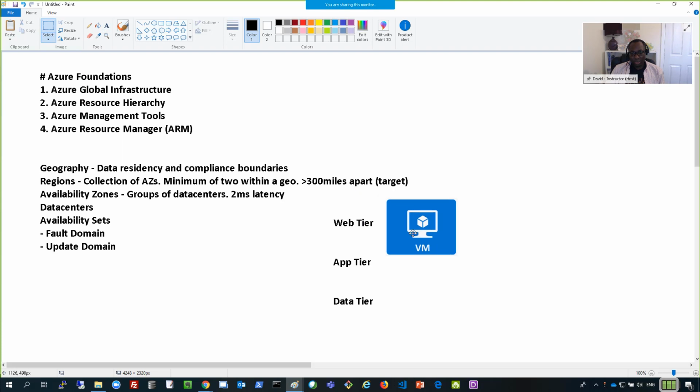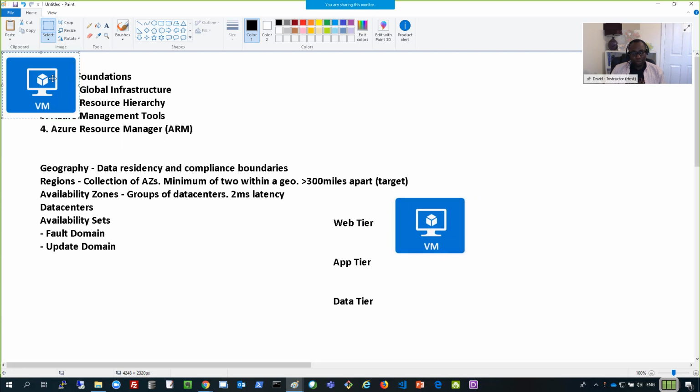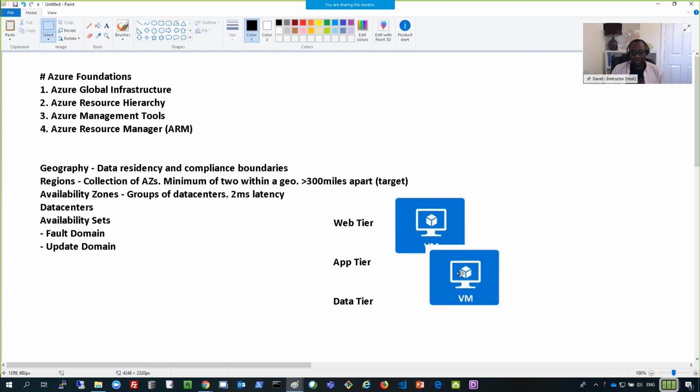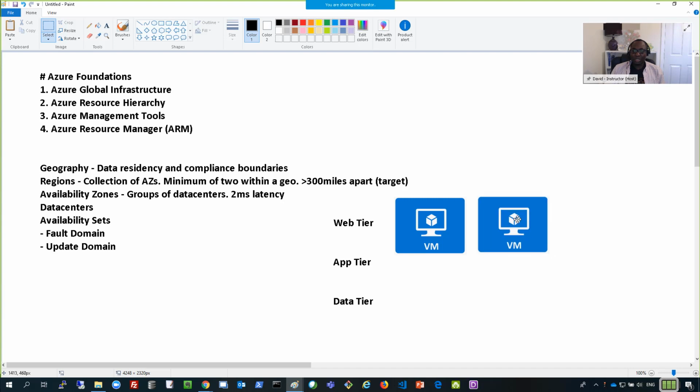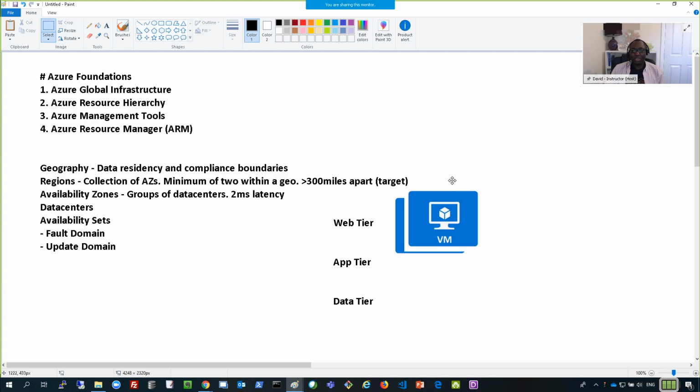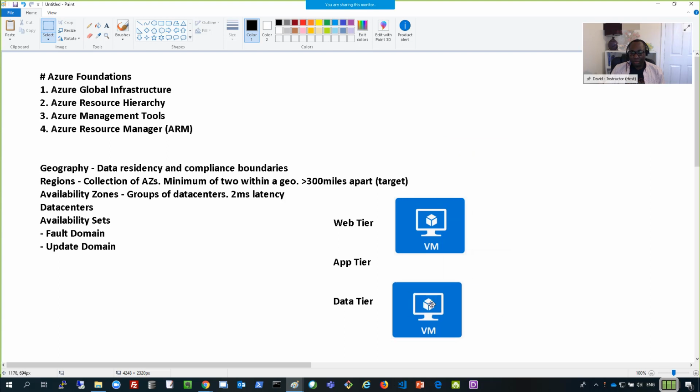You have two web tier VMs. What you don't want to do is take your data tier VMs and put them in the same availability set as this one. What you want to do is create separate ones. Actually, let me make this smaller.